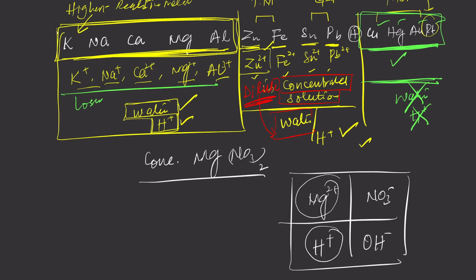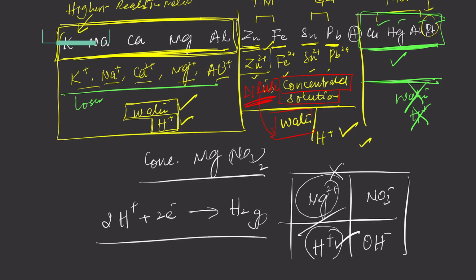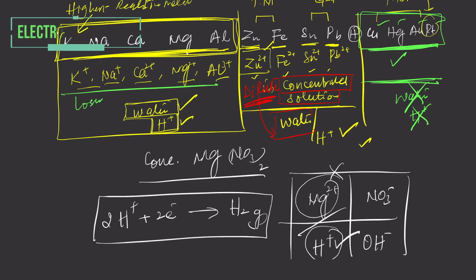In case of concentrated, in case of dilute, in all cases, magnesium has no power to gain the electron whenever it is in competition with H positive ion. So in this case, magnesium is the loser and H positive ion will be the winner. So 2 moles of H positive ion will receive 2 moles of electrons to make 1 mole of hydrogen gas at the cathode.